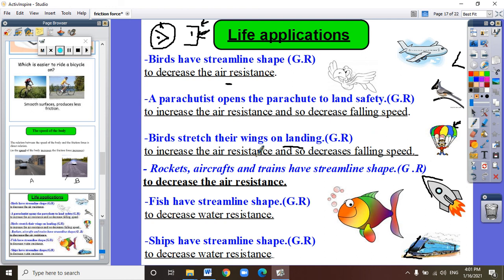So the parachutist opens his parachute on landing, and the birds stretch their wings on landing, to increase the surface area, which increases the air resistance or the friction force. And in the opposite, if anything has a streamlined shape, we decrease the surface area to decrease the friction force.